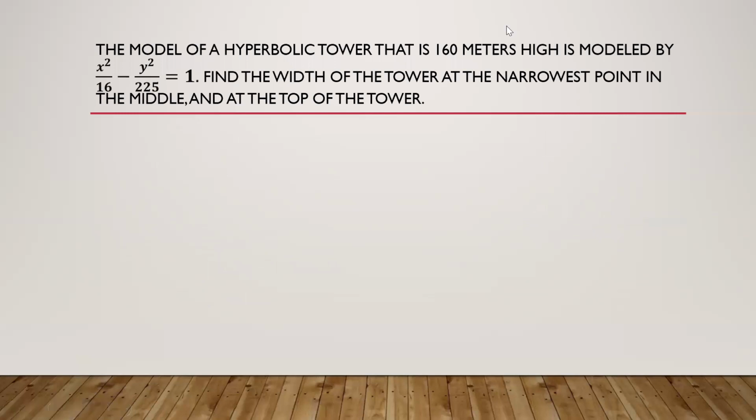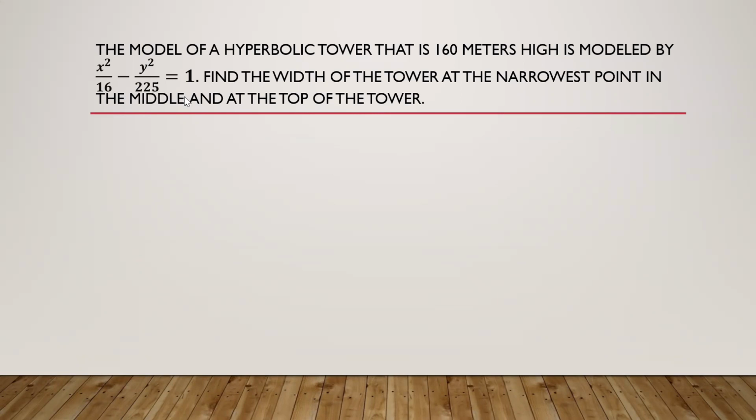Now for our problem solving, the model of a hyperbolic tower that is 160 meters high is modeled by x squared over 16 minus y squared over 225 equals 1.